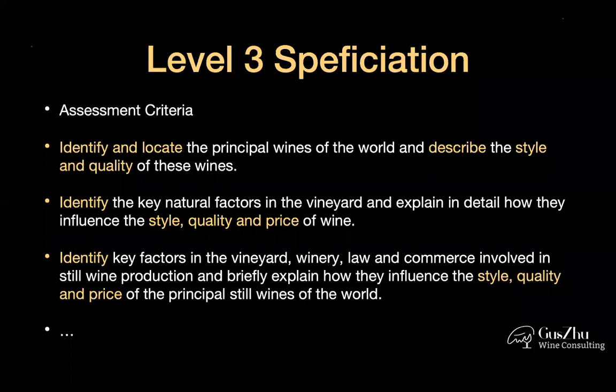In Level 3, the exam already tests you how to identify the style, quality, and price of the wines. And in Level 3, if you remember those short written answer questions, they ask you to identify those factors and briefly explain how they influence the style, quality, and price of the wines of the world. In Level 3, it's briefly explained. In Diploma, we are explaining them in detail.